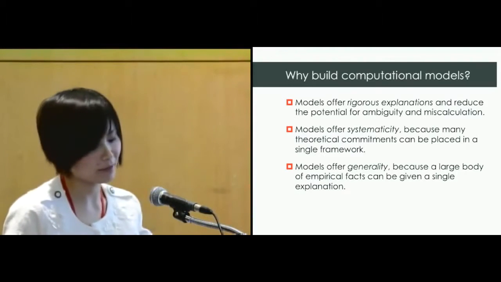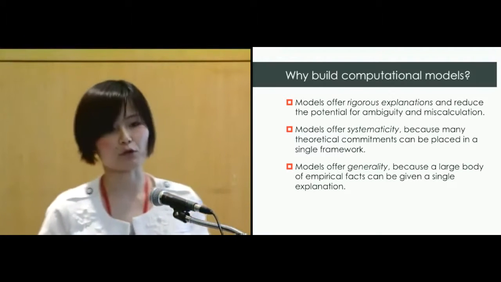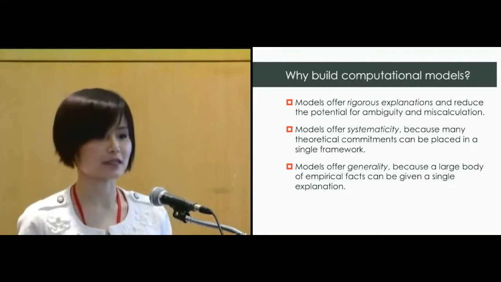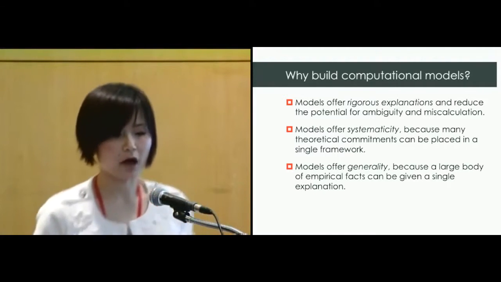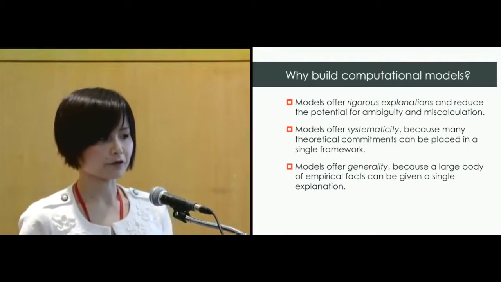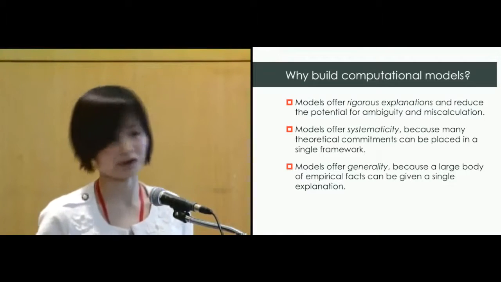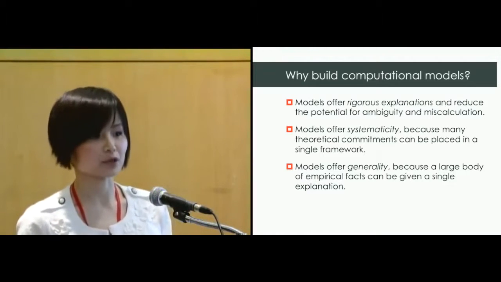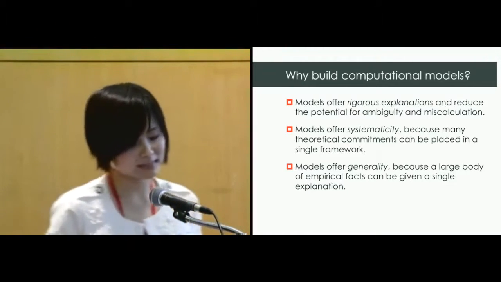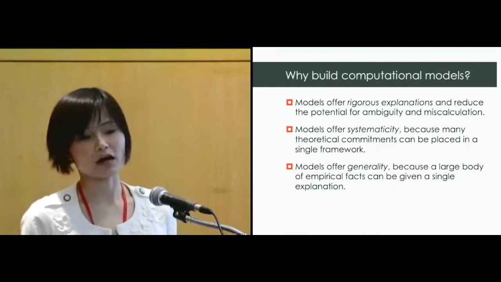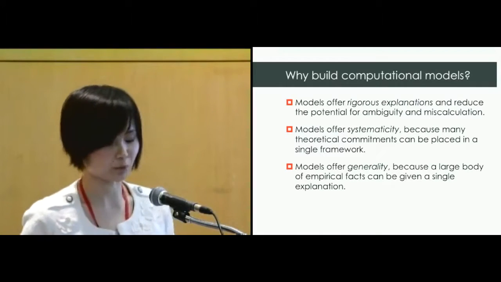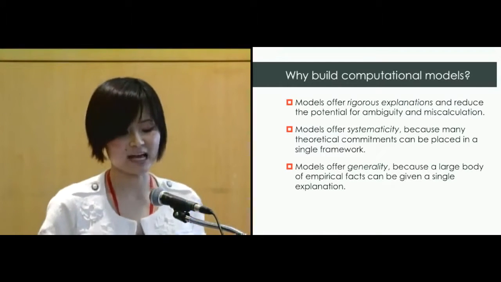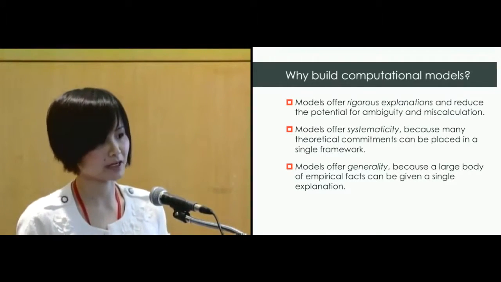For example, in menu search, you might have a theory of human visual perception and a theory of human working memory. The model allows you to understand how these 2 theories work together to generate human behavior. The third reason is models are able to offer more general explanations because a large body of empirical facts can be given a single explanation.